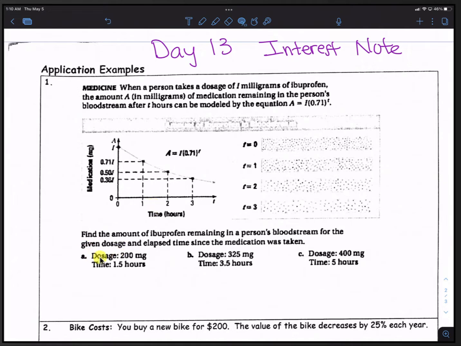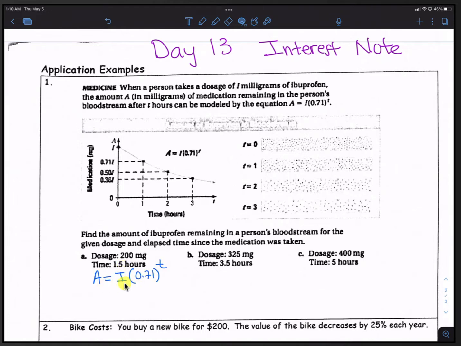So let's look at question A here. Find the amount of ibuprofen remaining in a person's bloodstream for the given dosage and elapsed time since the medication was taken. So in question A, the initial dosage is 200 milligrams and the time passed is 1.5 hours.